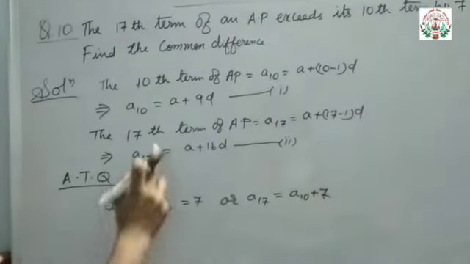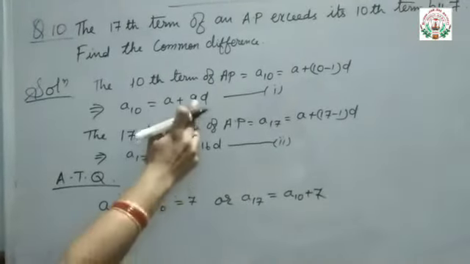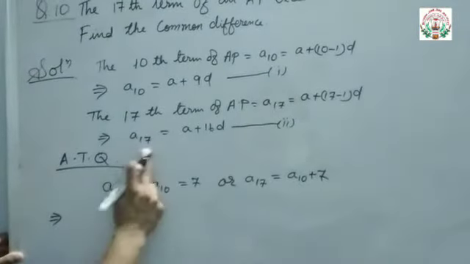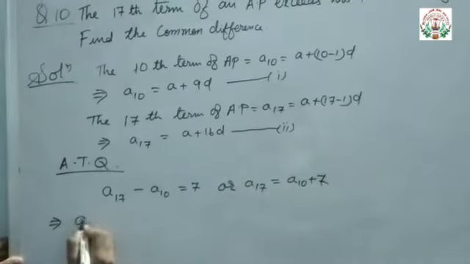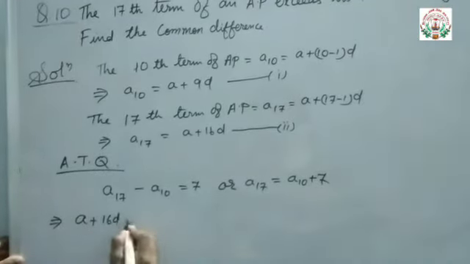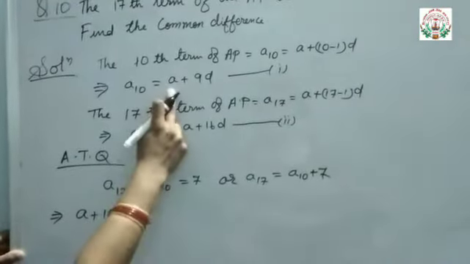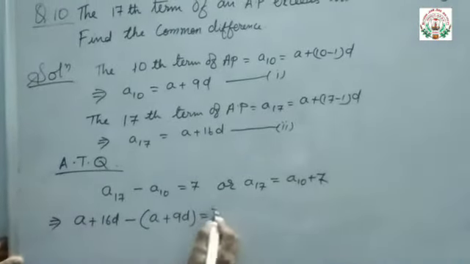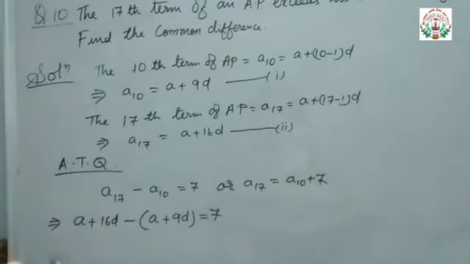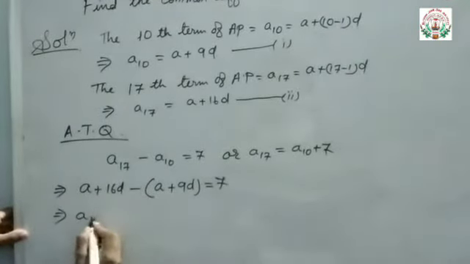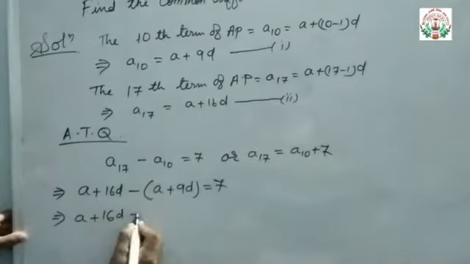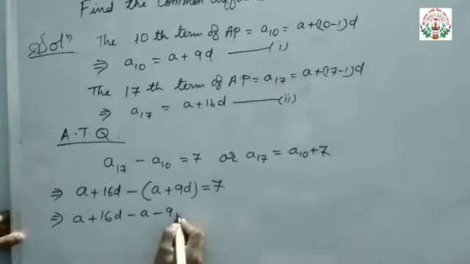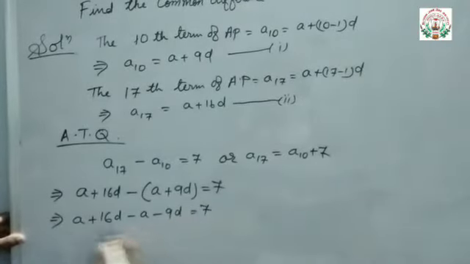Suppose we are writing like this. Now put the values of A17 and A10 from equation 1 and 2. So that implies what? A17, how much we got? That is A plus 16D, minus sign, what is A10th term? That is A plus 9D equals to how much? 7. So implies what? Now simplify this. 16D, minus multiply to these both the terms, it is minus A minus 9D equals to 7.